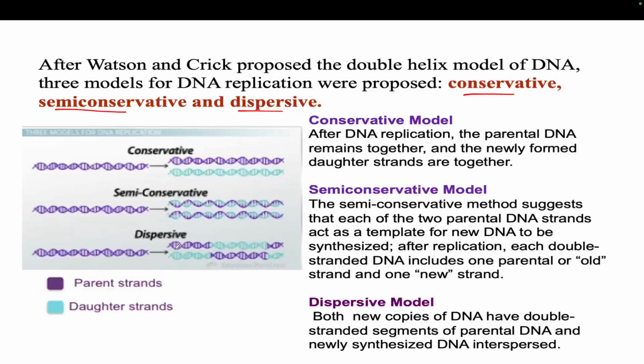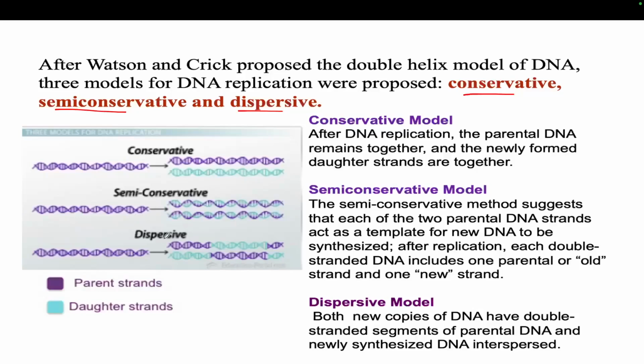So they proposed three basic models for replication. One is the conservative, where the complete parental DNA works as a template for the synthesis of the new strand. In the semi conservative mode, each strand works as a template for the synthesis of a new strand.